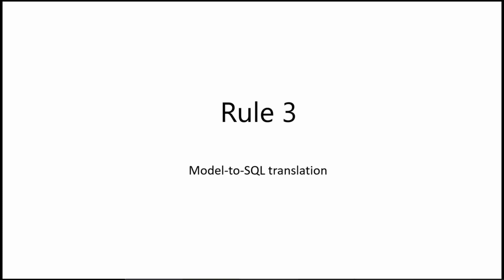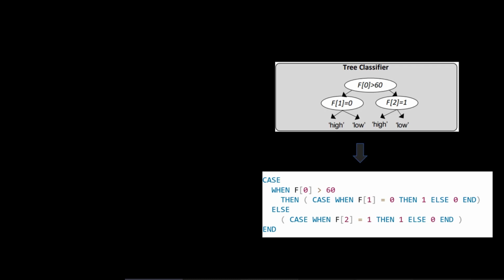Rule 3 is model to SQL translation. The key insight with this rule is that some ML ops, especially the linear kind that you find in decision trees, random forest, that sort of thing, and also these predicate type ML ops, we see them in trees where you say, go down this path if this is true or this is false.